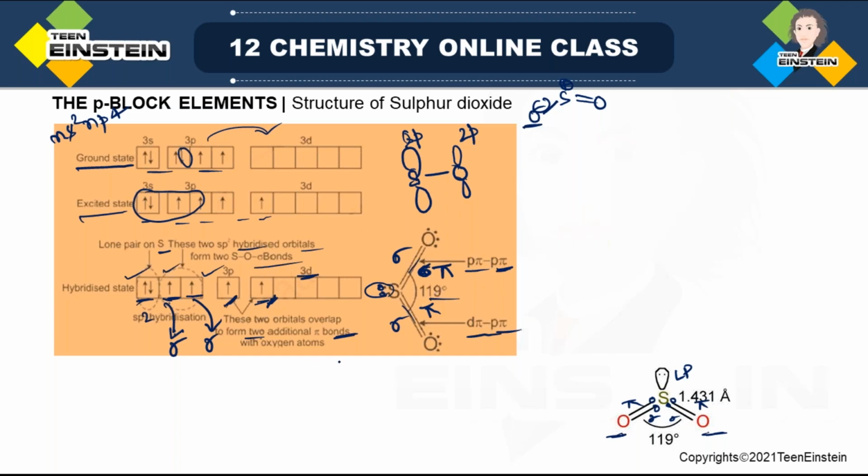But here you have not exactly 120 but 119 degrees. Now why this slight decrease? It is to avoid lone pair–bond pair repulsion. So that is why the angle is decreased, to avoid this repulsion. Any doubt?